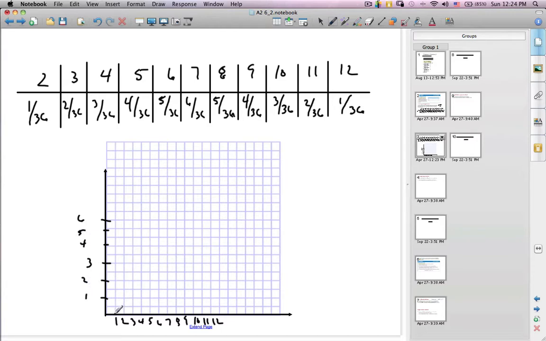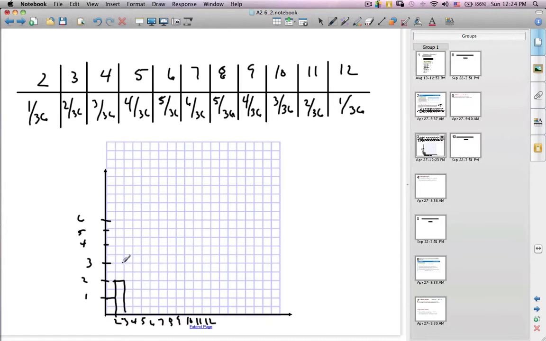So when we look at the probability of getting a 1, sorry, 1 was not possible. Let me get rid of 1. And that means I need to take all these and move them down 1, don't I? Okay, so the probability of getting a 2, that was 1 in 36. And then the 3 was 2 in 36.